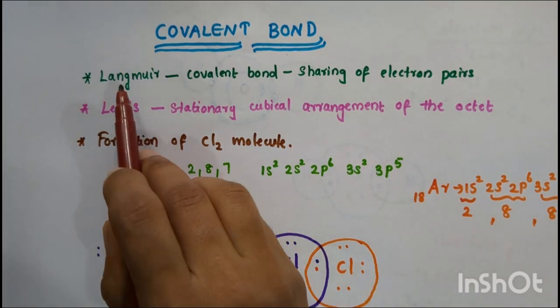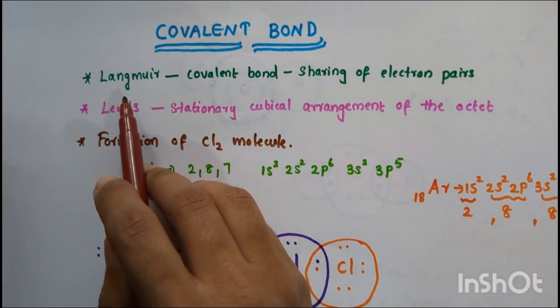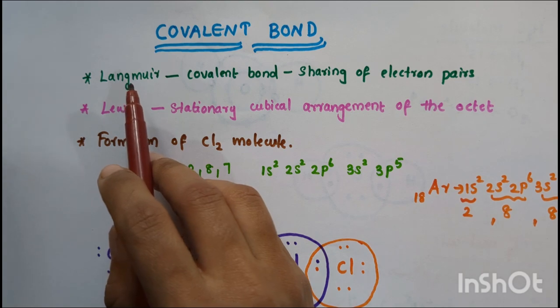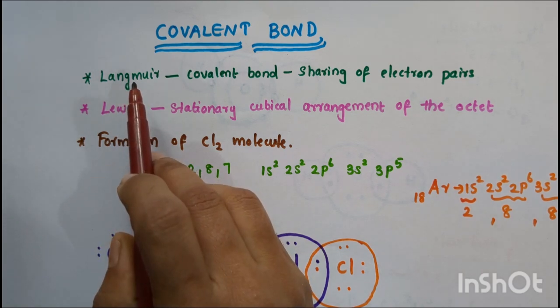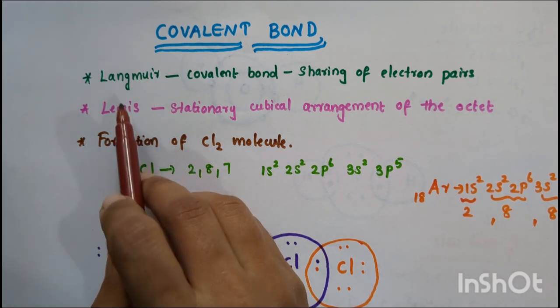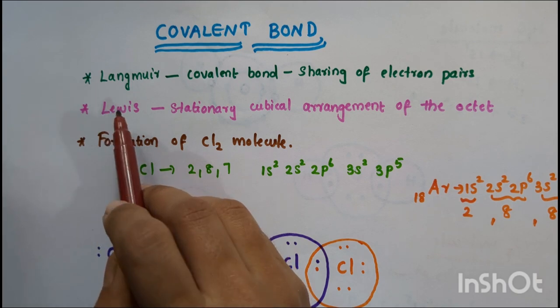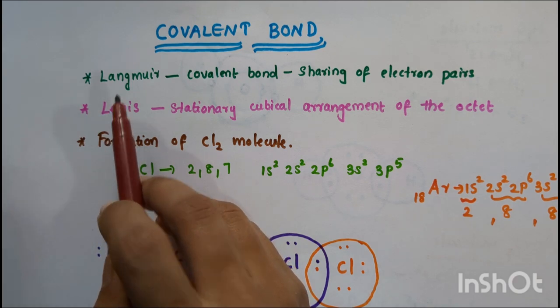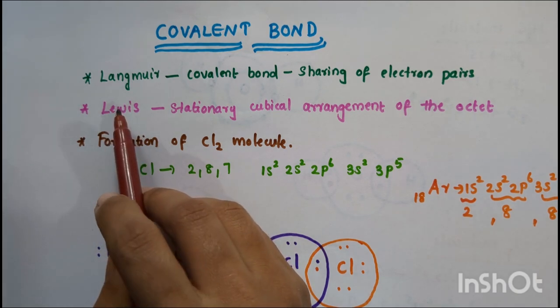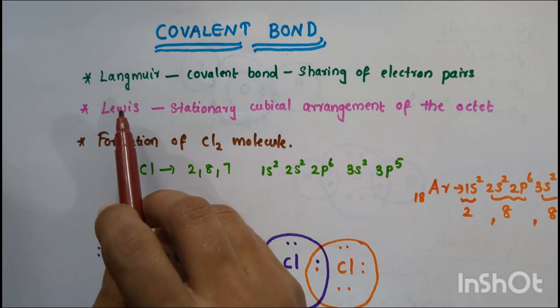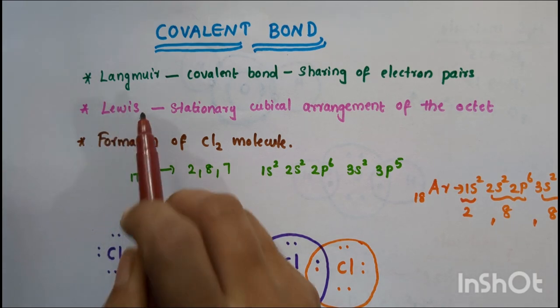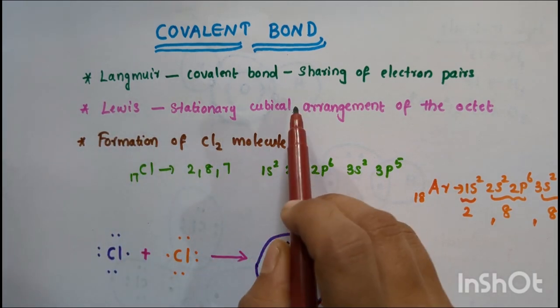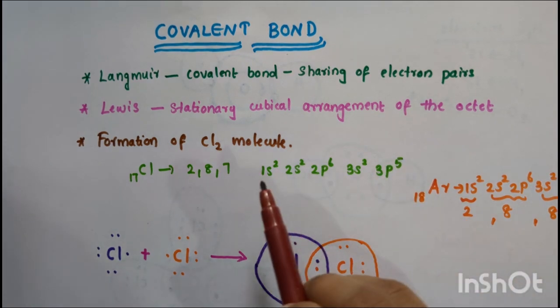Langmuir, please excuse me for the pronunciation, an American chemist, in 1919 refined Lewis postulations, which we discussed in the previous video. He refined the concept of chemical bonding by abandoning the idea of a stationary cubical arrangement of the octet.